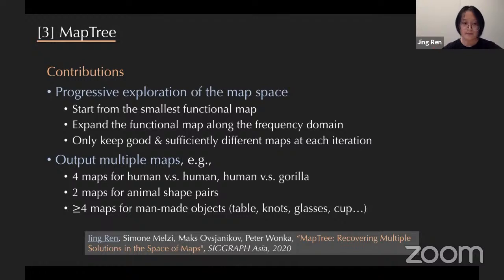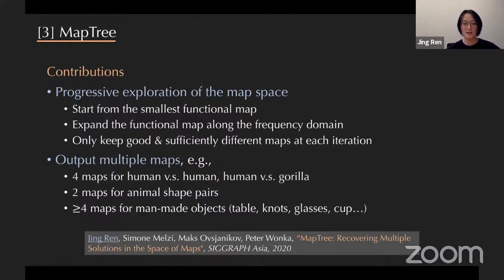So here's the algorithm of our method. We always start from the smallest possible functional map, which is just a 1-by-1 functional map. This is fully determined by the constant eigenfunction of the 2 shapes. Then we grow this functional map along its frequency domain by enumerating all possible mappings between the eigenfunctions that are of similar frequency.